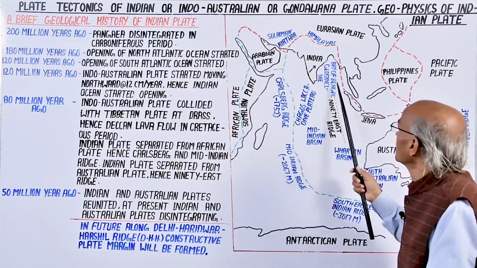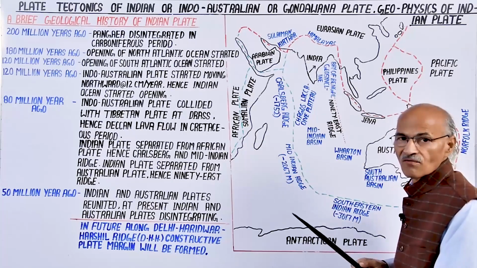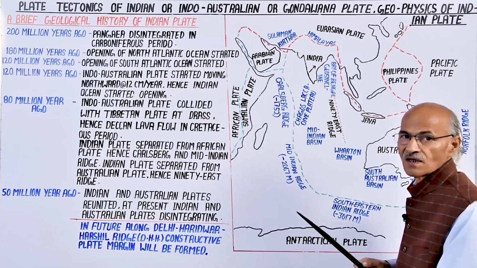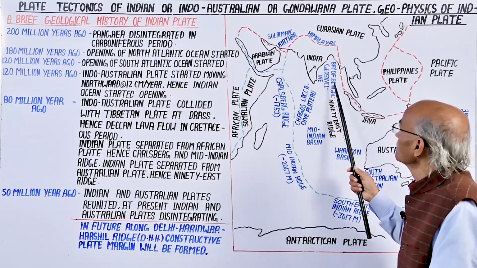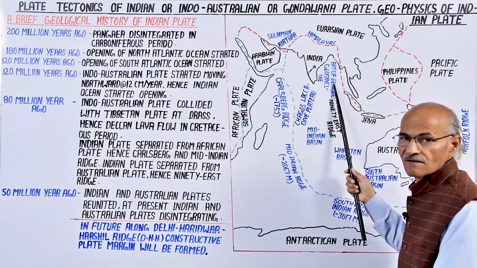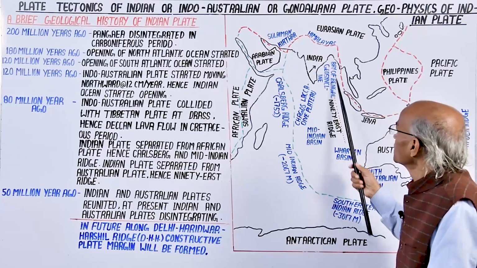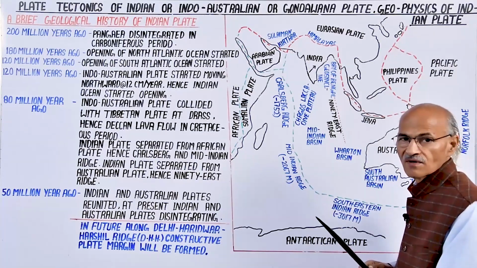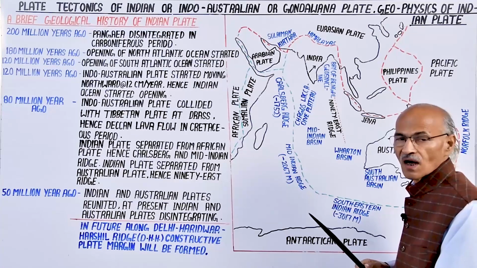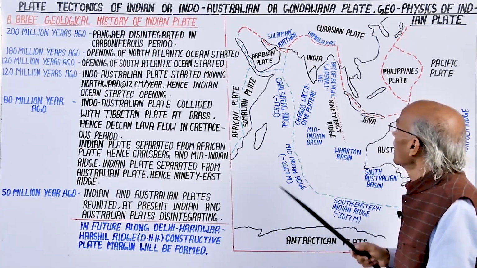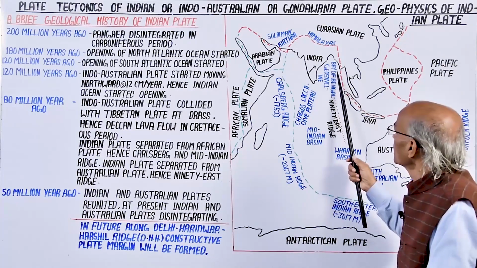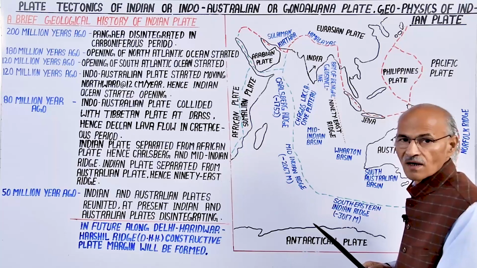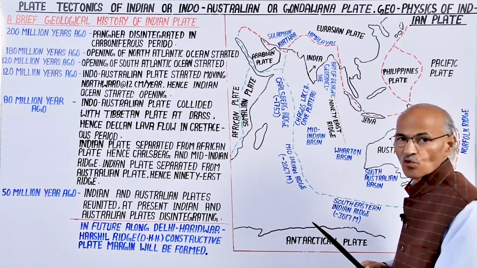But here another structure is volcanic, found near Barren and Narcondam. Why did volcanic activities take place here? Because it is the eastern plate margin of the Indian plateau, and today Barren is an active island. The third structure found here in Andaman Nicobar is also coral.